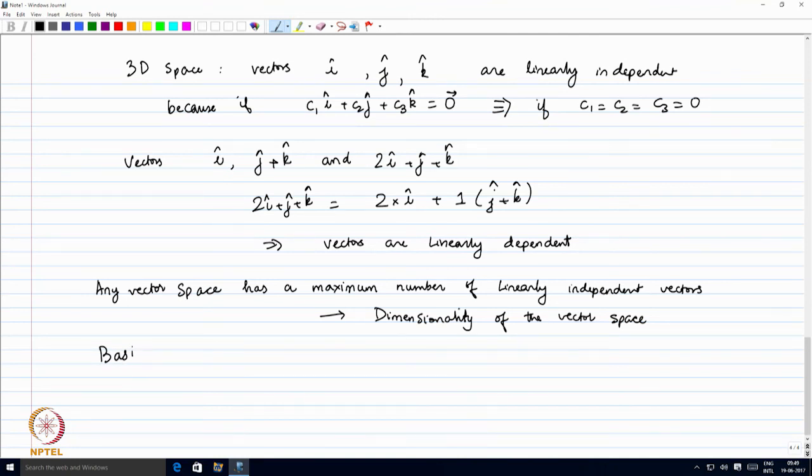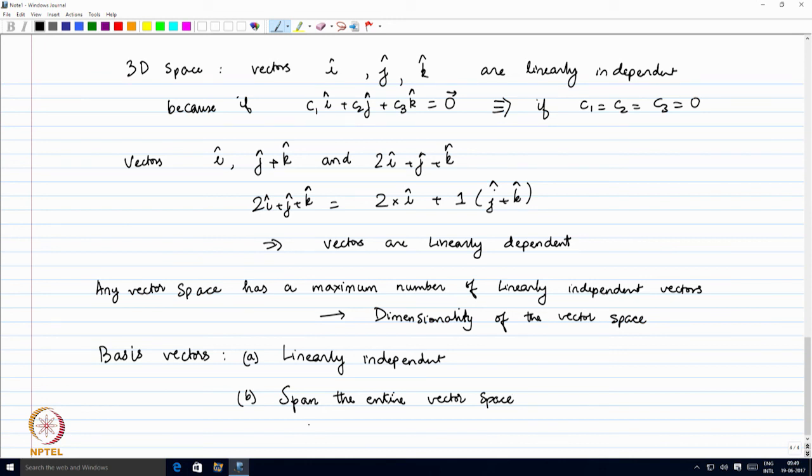So, your basis vectors. Okay. So, basis vectors are a set of vectors which are A, linearly independent, and B, span the entire vector space. Okay. What does it mean to span the entire vector space?